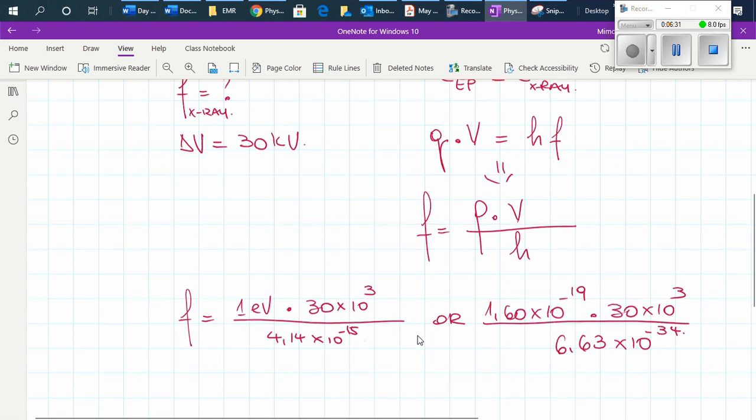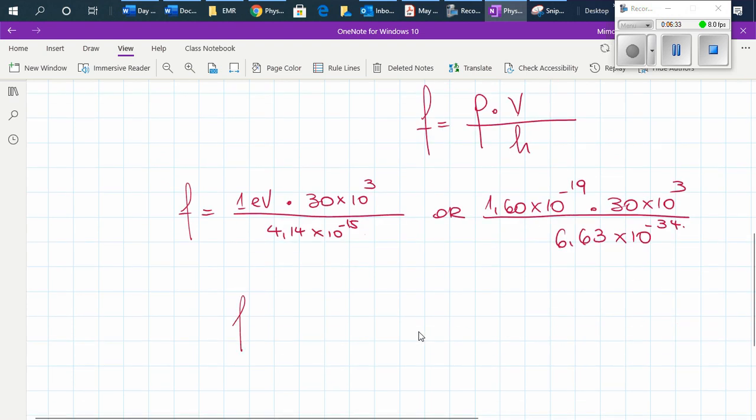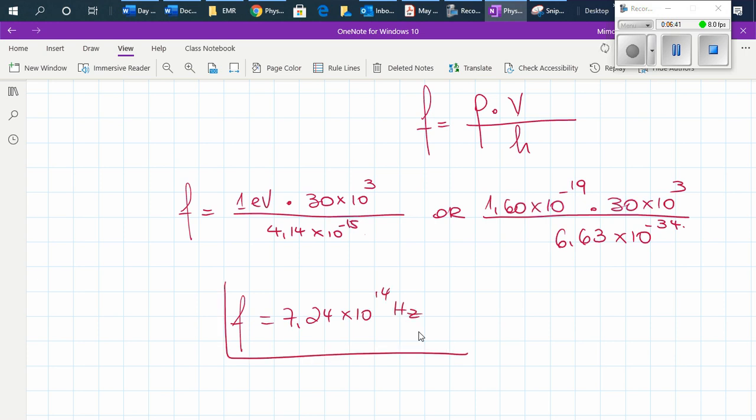Then we figure out that the frequency is 7.24 times 10 to the power of 18 hertz. And this is the maximum frequency that the X-ray can produce when we have that difference of potential of 30 kilovolts.